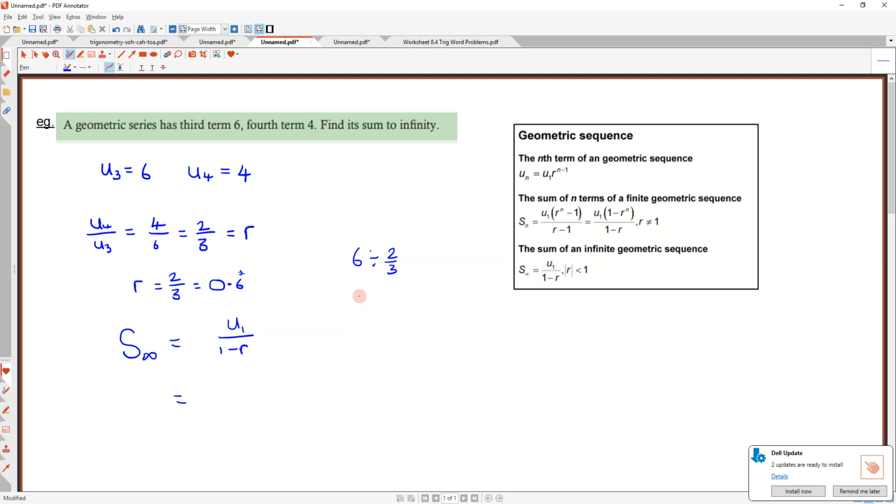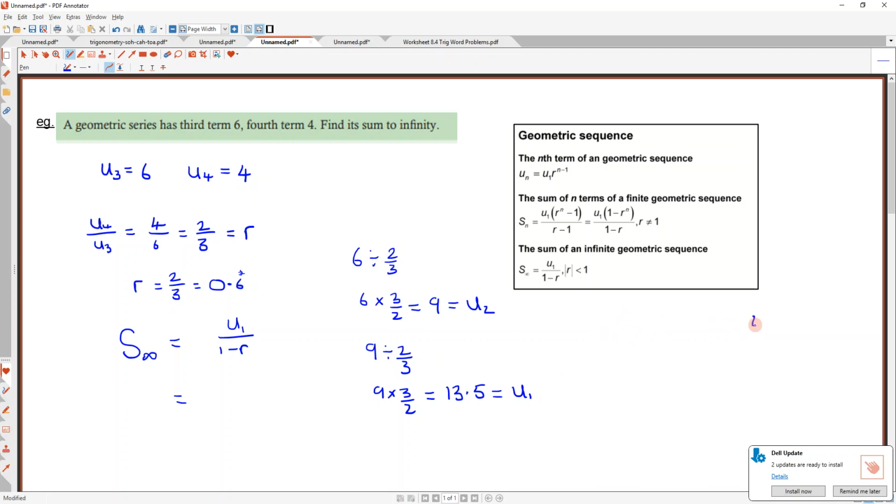So 6 divided by 2/3 is the same as 6 multiplied by 3 over 2, that's 18 over 2, which is 9, so that is U2. U1 is that number divided by 2/3, which is 9 multiplied by 3 over 2, okay, cool, that is my first term. So that's just working backwards.